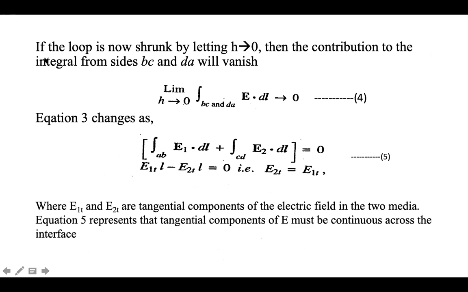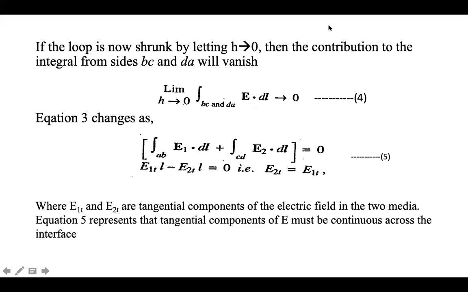And now the same thing will apply here as we did in the last session. We'll shrink the size of this box, or we'll make this H go to 0. I mean, the size was like this, and then we start compressing, and the height is going to 0, it's vanishing. Then what's happening?